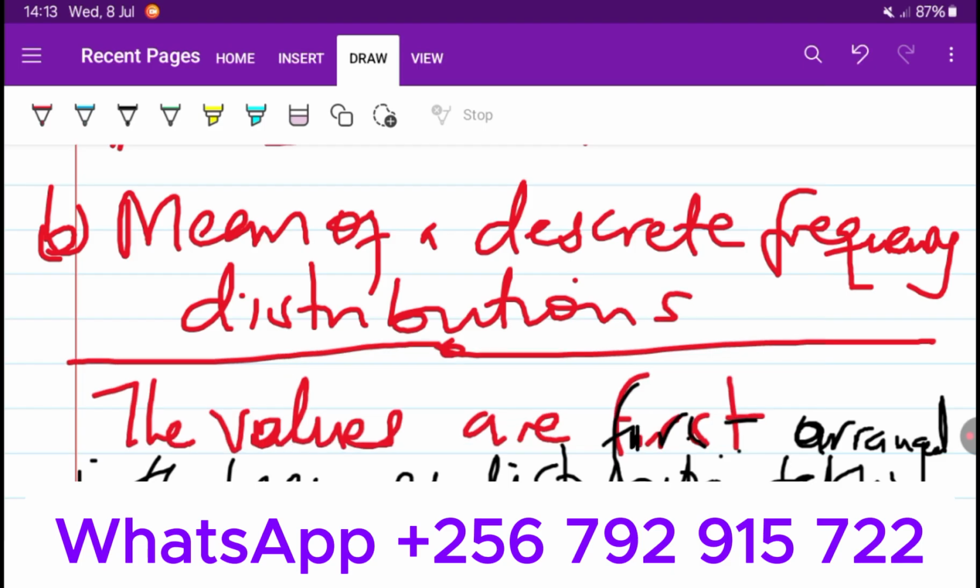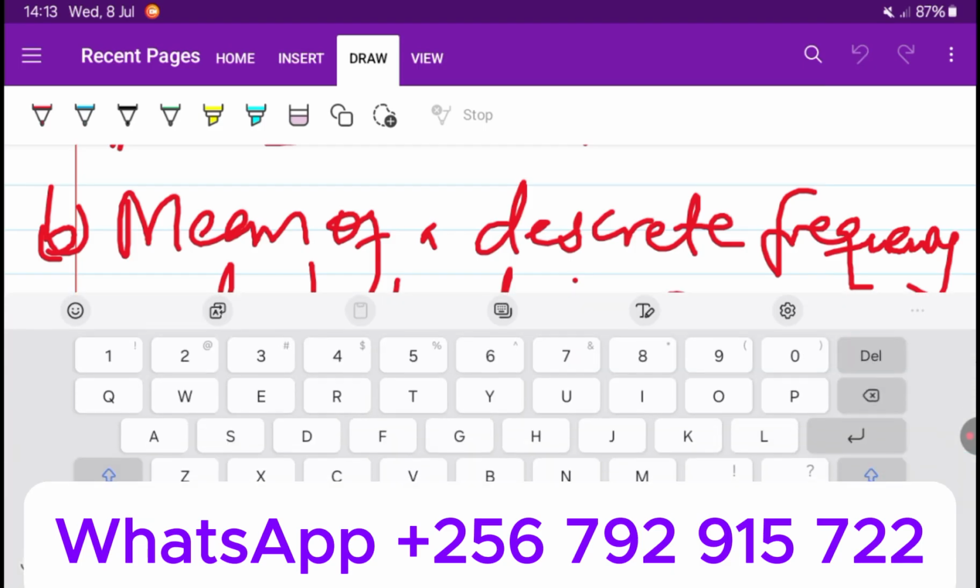The values here are first arranged into what we call the frequency distribution tables, and then the mean is calculated using a formula that is going to be including the frequency.